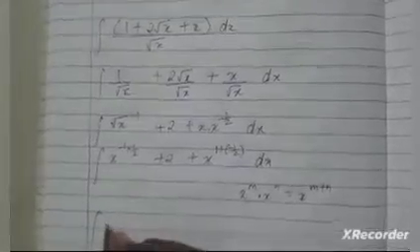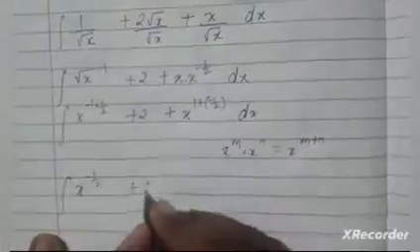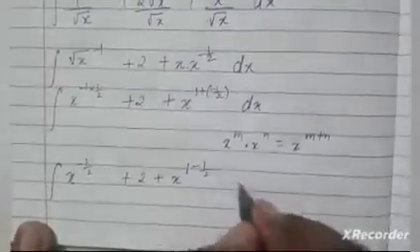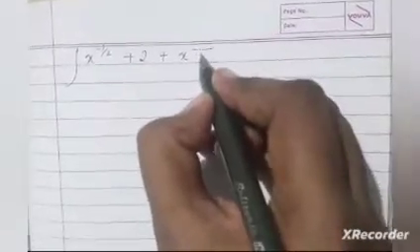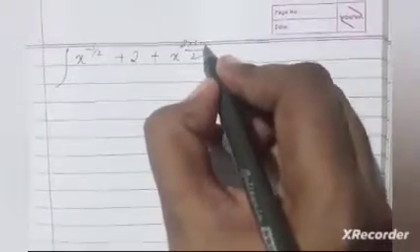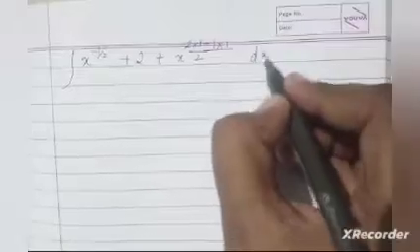Now integration of x minus 1/2 plus 2 plus x raised to 1 minus 1/2 dx. Integration of x raised to minus 1/2 plus 2 plus x, we will take LCM, 2: 1 2s are 2 into 1, minus 2 1s are 2 into 1, dx.